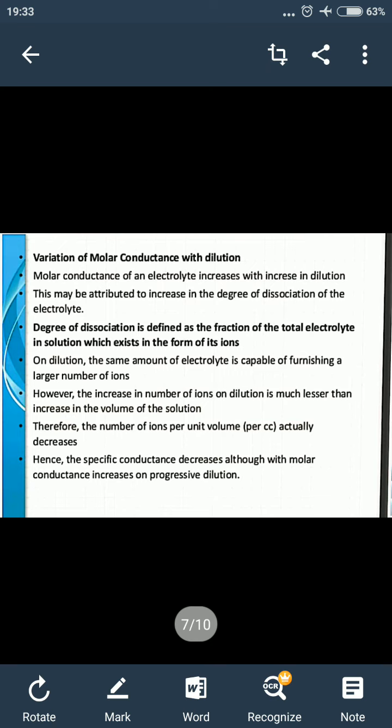However, the increase in the number of ions on dilution is much lesser than the increase in the volume of the solution. Therefore, the number of ions per unit volume per cc actually decreases. Hence, the specific conductance decreases with dilution while molar conductance increases with increase in dilution.